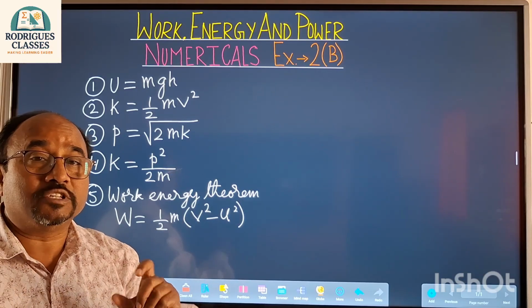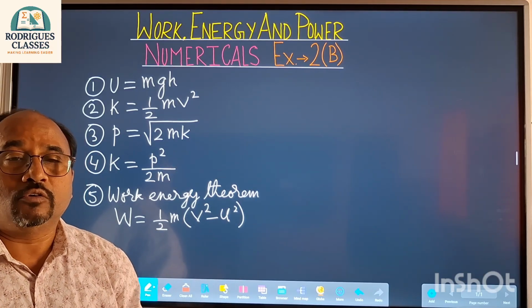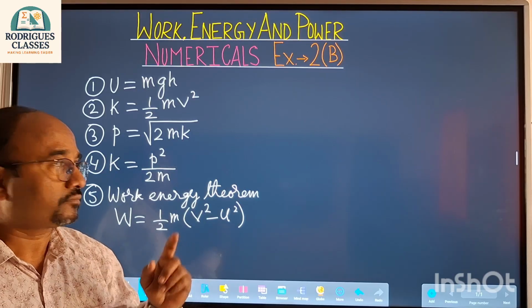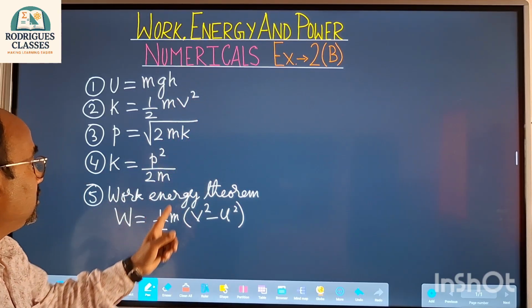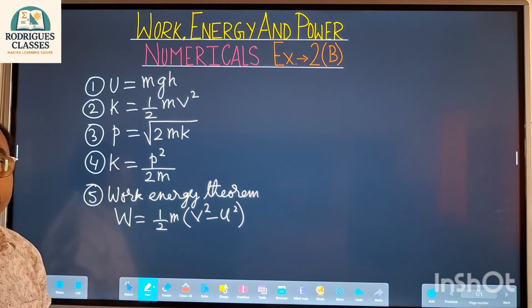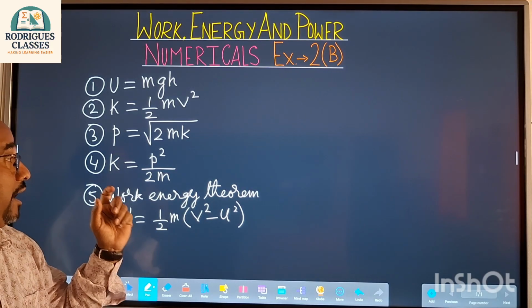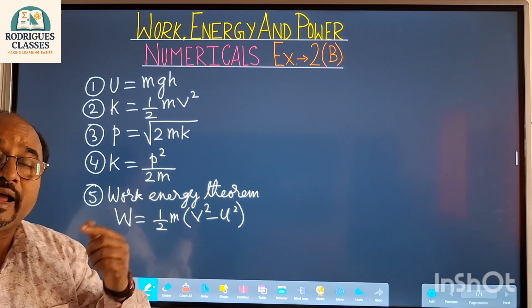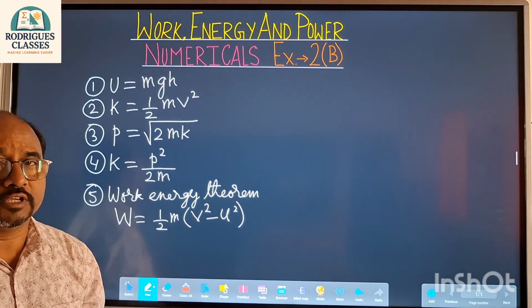A lot of the time this relationship will be used, so we will be applying kinetic energy equal to potential energy. I hope all these formulas you have noted down. We will apply them in doing the sums of exercise 2B and also of exercise 2C.